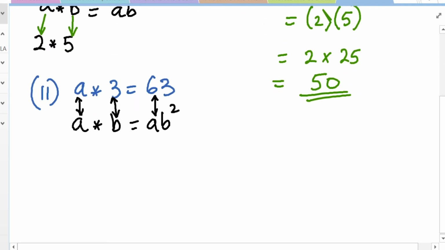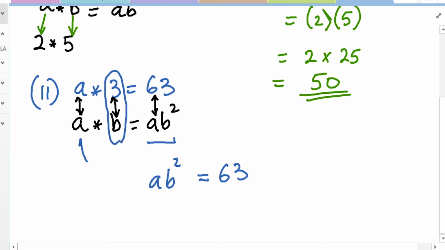So in other words, here what it means is ab squared is equal to 63, right? But we know our value of b as 3. They want us to find the value of a. So our value of a, multiplied by our value of b squared, which is 3 squared, is equal to 63.